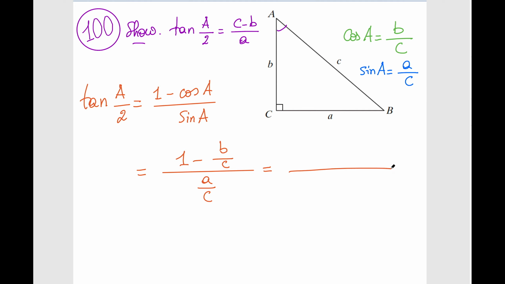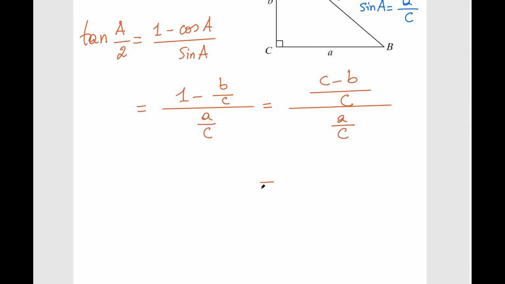Okay. How about the same denominator upstairs being c, which means that you want to see the 1 as c over c, so this becomes c minus b upstairs, divided by a over c.